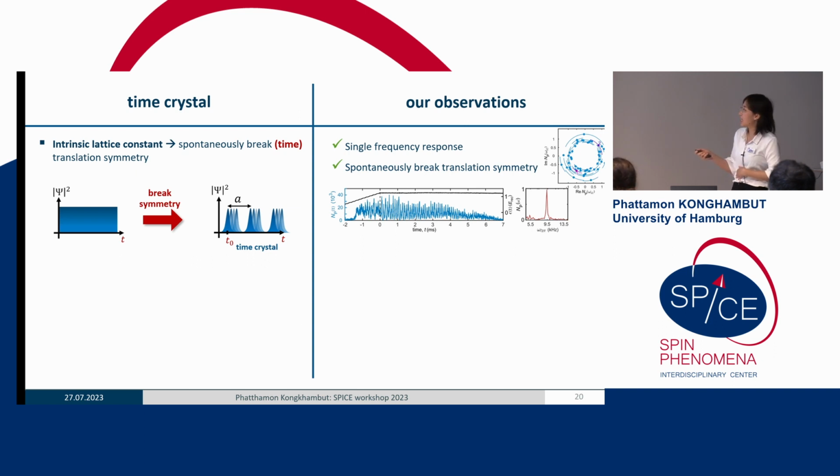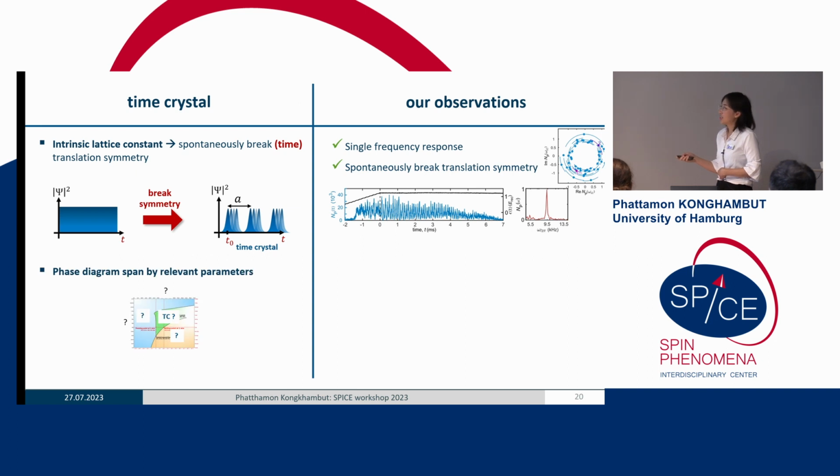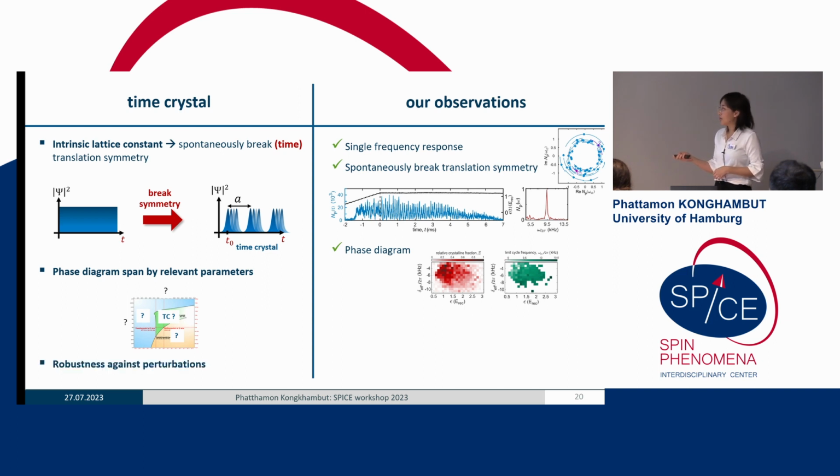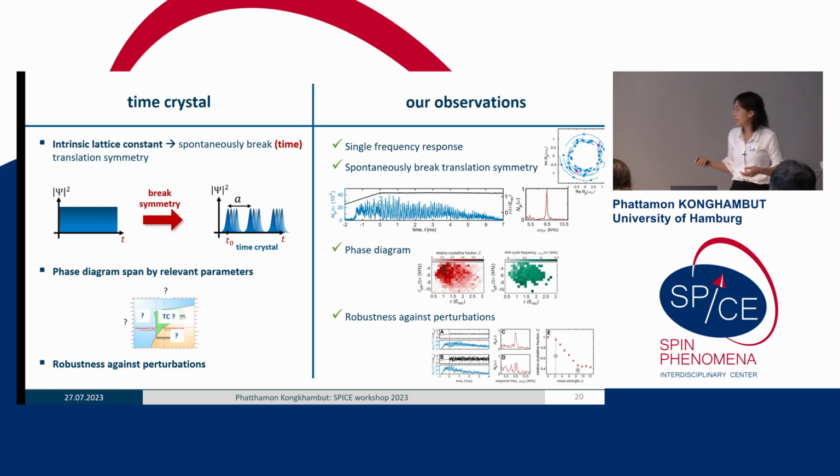And we can show that the time phase of this oscillation doesn't prefer any time phase, so it's really spontaneous breaking of this symmetry. And I can show that I have a phase diagram spanned by two parameters, the frequency of the pump and the strength of the pump. I also tested that this phase is robust, and I can show the melting nature of this crystal.